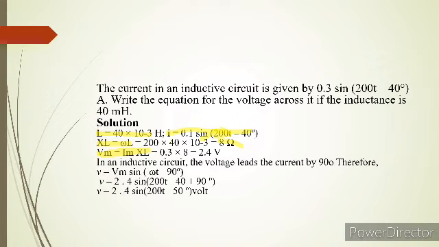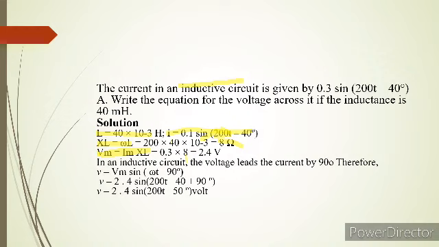The current Im is 0.3, and XL we got as 8, so we get 2.4 volts. But we have to treat this as an inductive circuit, because they have asked about the current in an inductive circuit.